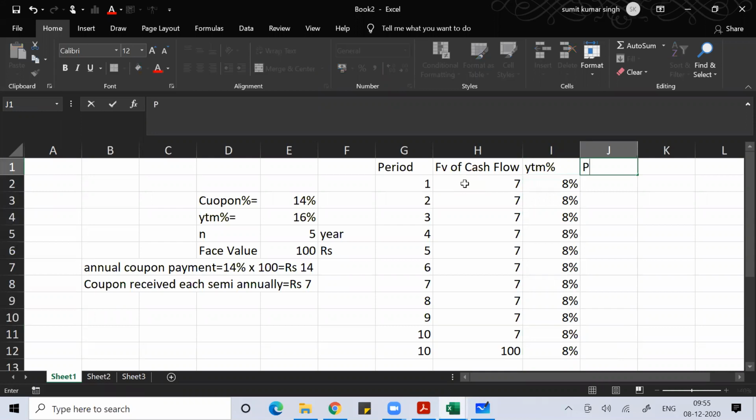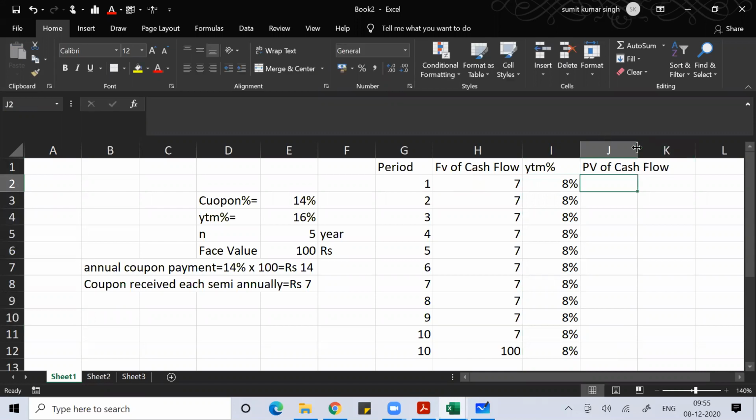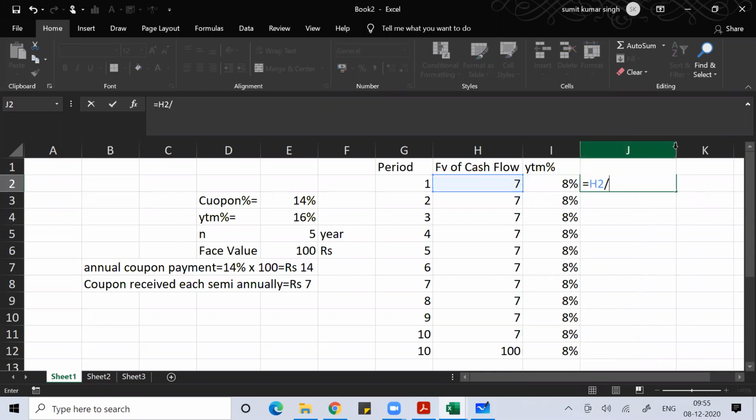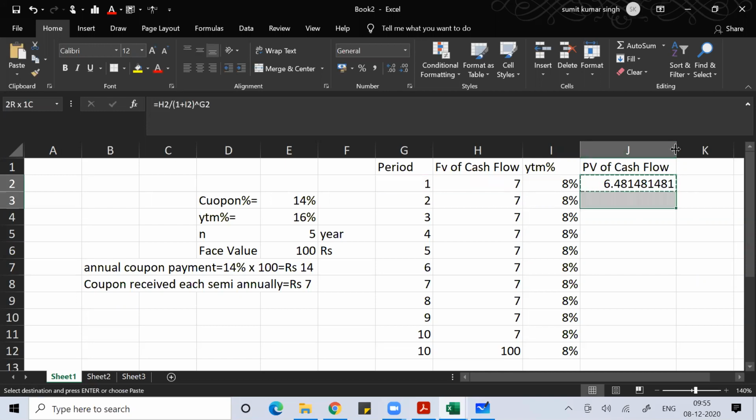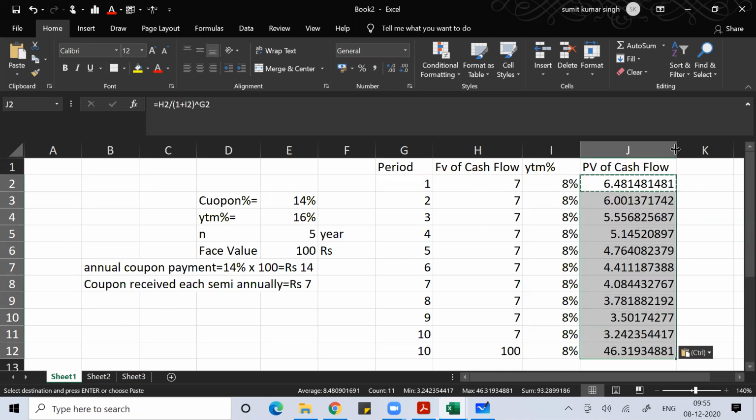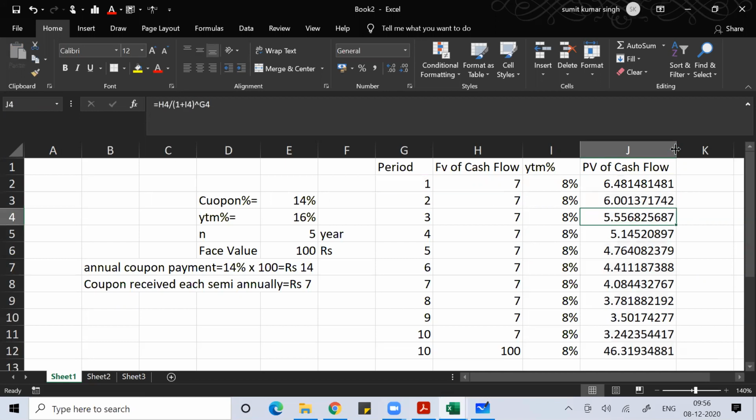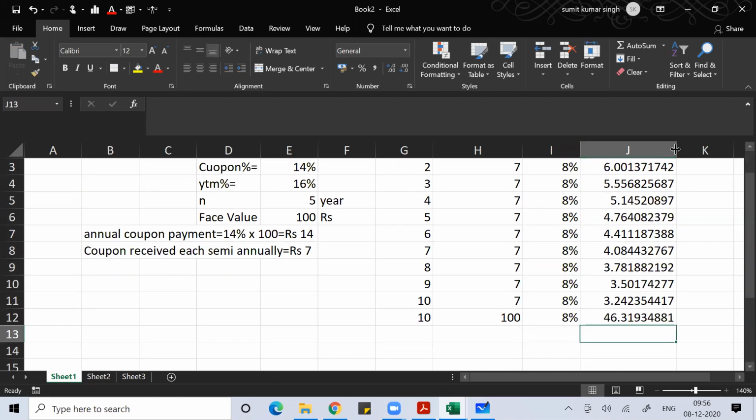Now I can find the present value of this cash flow. This divided by 1 plus 8% to the power 1. Like this, you can find the present value. And the sum total of this is your price.